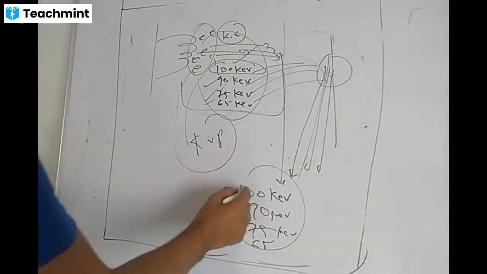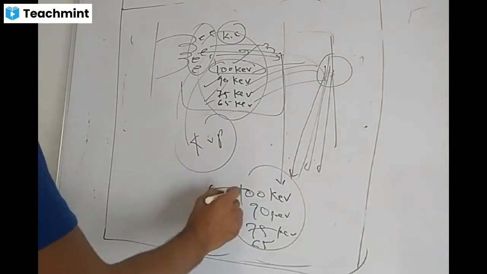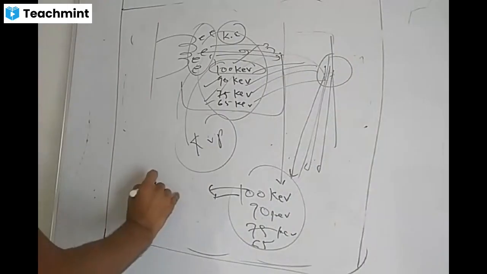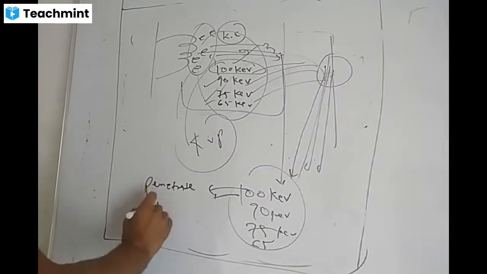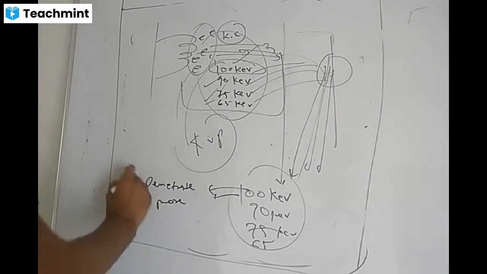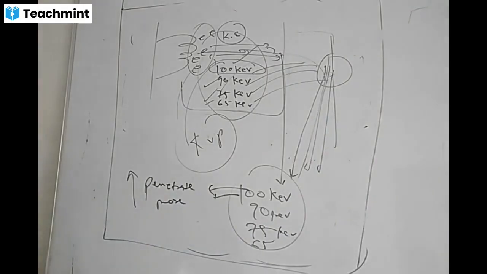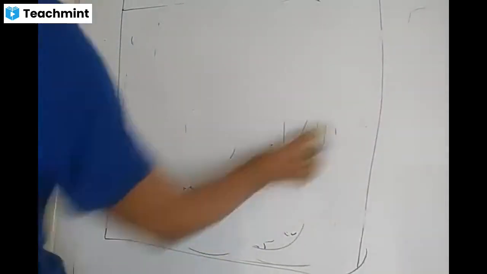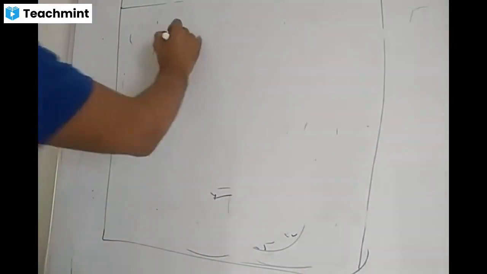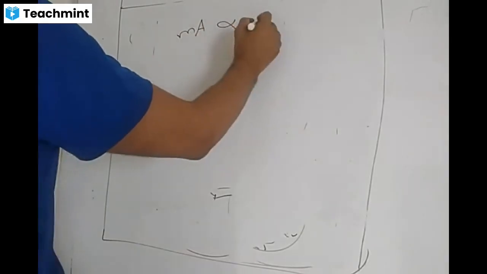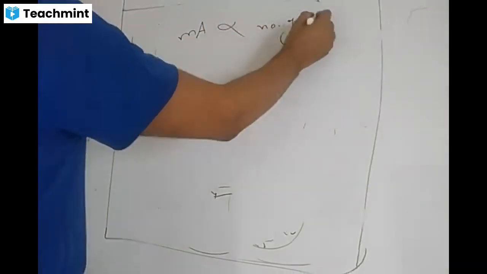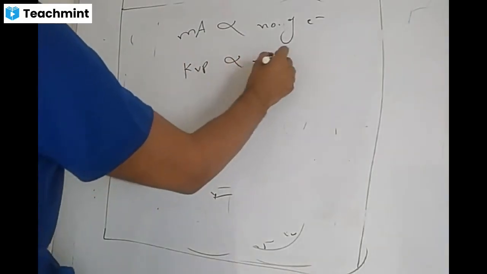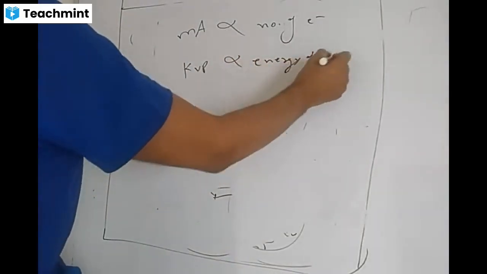Okay, more energy. If your X-ray is of more energy, it will penetrate more. So if I summarize the two concepts, mA and kVp, in simple language, we can say mA is directly related to the number of electrons and kVp is directly related to the energy of the electron.